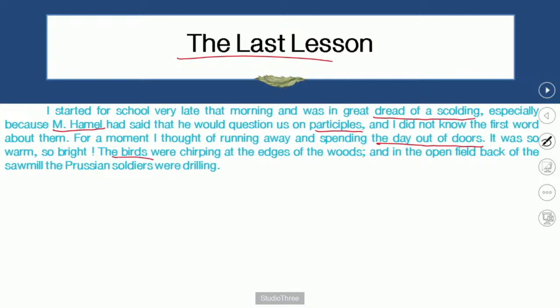The birds were chirping at the edge of the woods, and in the open field back of the sawmill, the Persian soldiers were drilling. Means in the first stanza, the narrator has become very afraid. Why?